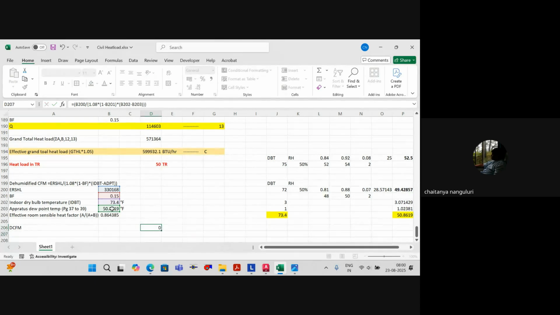So it is 15,000 CFM. I'll round off this value, if that's okay.